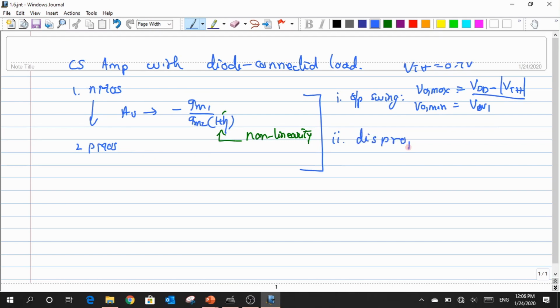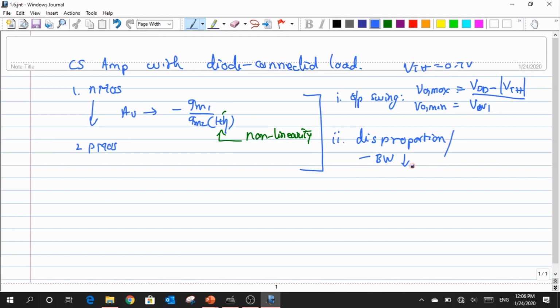So this was leading us to a disproportional sizing, and this disproportional sizing had some sort of bandwidth issue. Okay, so this was our problem when I went for VOV1 equals VOV2. We had disproportion in the W by L factor between the load and the input device, and the input device has become too bulky, and that leads to some sort of reduction in the bandwidth of the circuit.